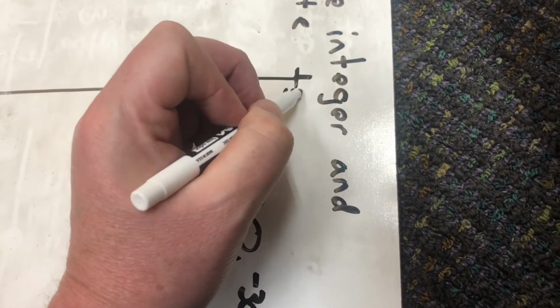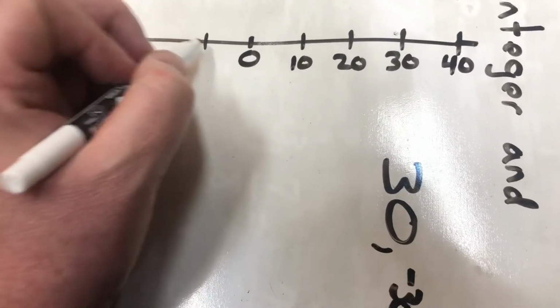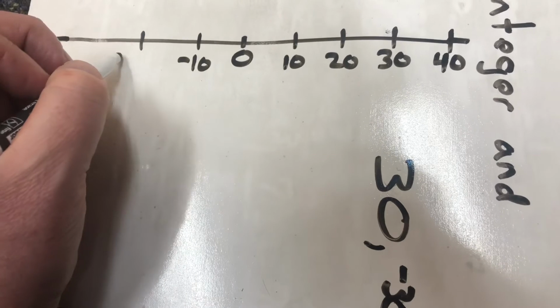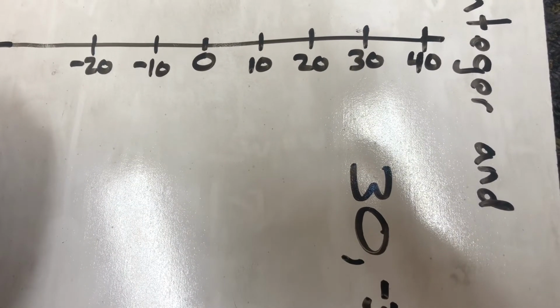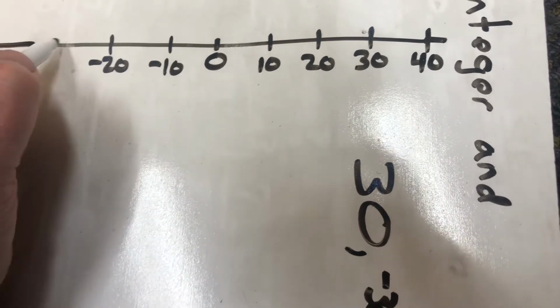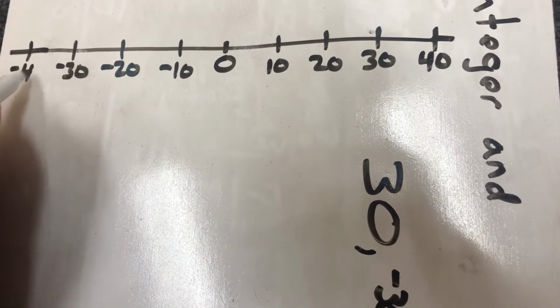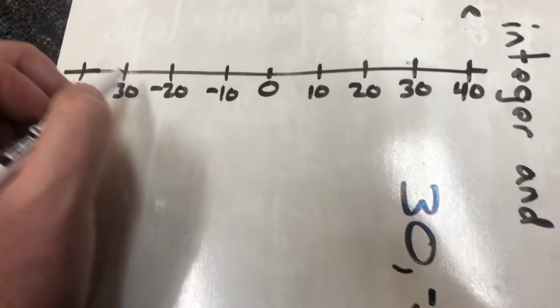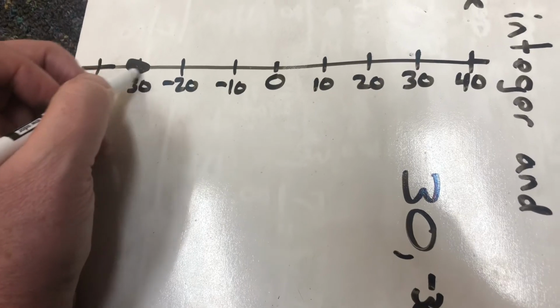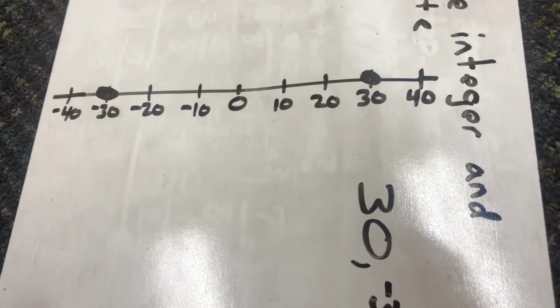I don't always have to end on the number that I'm using. I can go up to 40. Then over here, I'd have negative 10, negative 20, negative 30, negative 40. And I'm graphing 30 and negative 30. And that's graphing it.